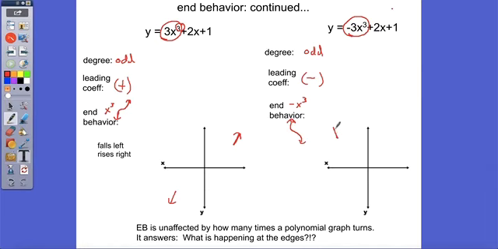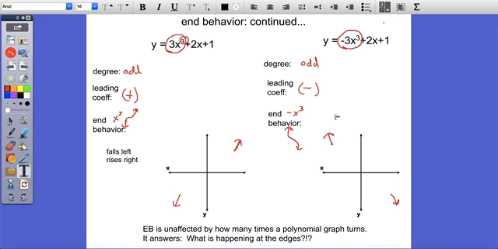So it's going to go up as we go to the left, down as we go to the right. And remember, it could do some different stuff. It's not going to look exactly like this, depending on what the x-intercepts are and all that fun stuff. And we'll get to that in a minute. The way we describe this with words would be rises left and falls right, as far as the end behavior is concerned.